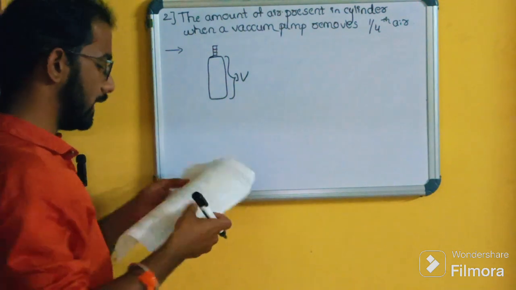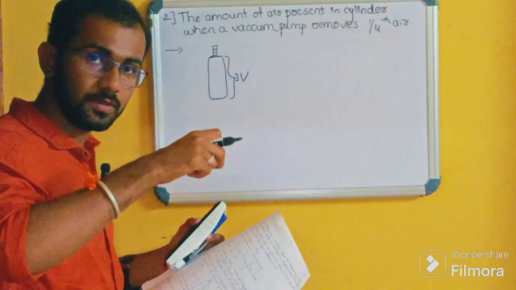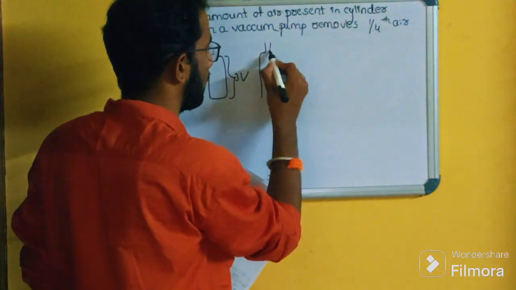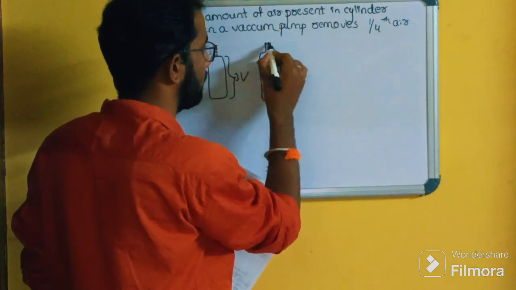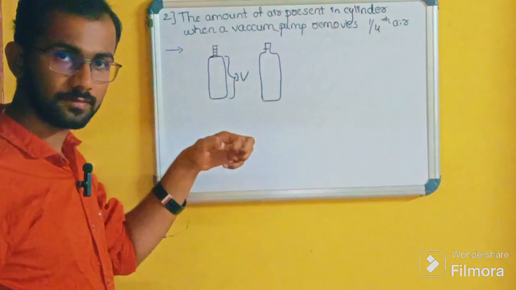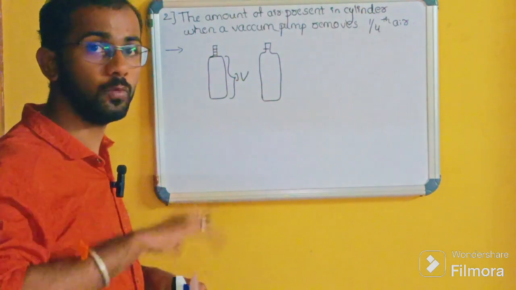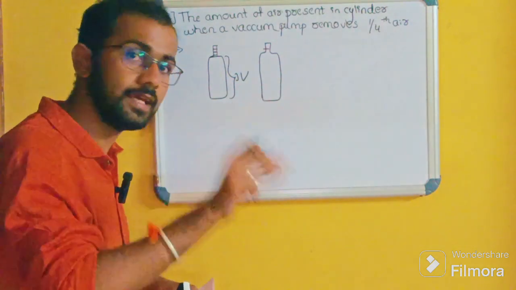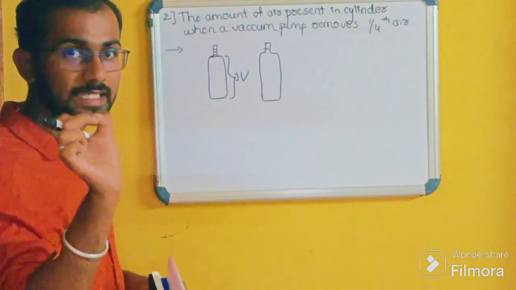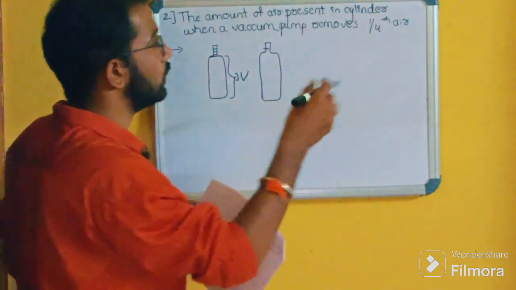Then, if you attach a vacuum pump, after pumping, it will remove one fourth of the remaining air. Here we need to concentrate on one keyword: one fourth of the air.